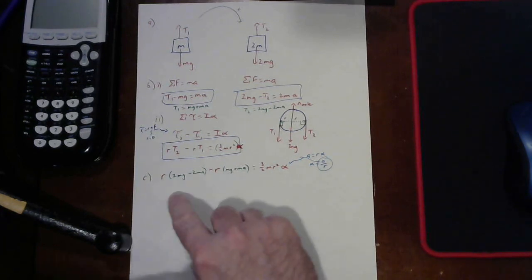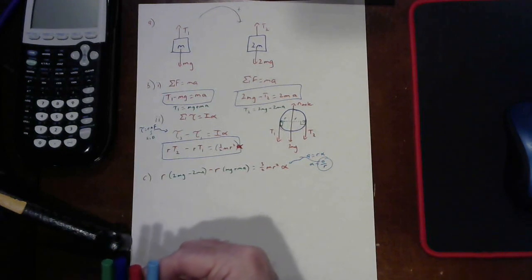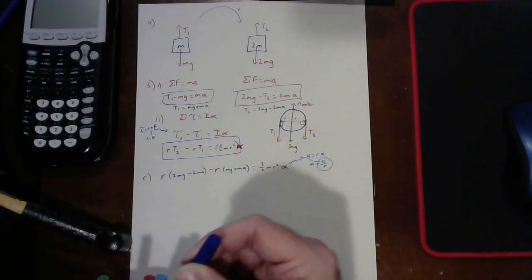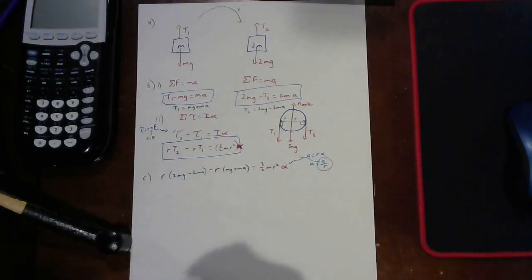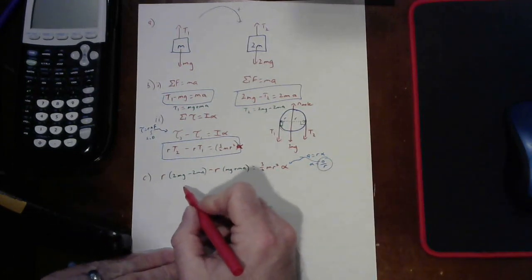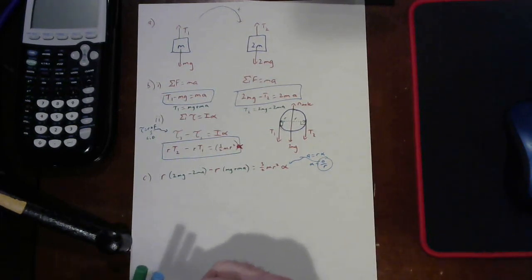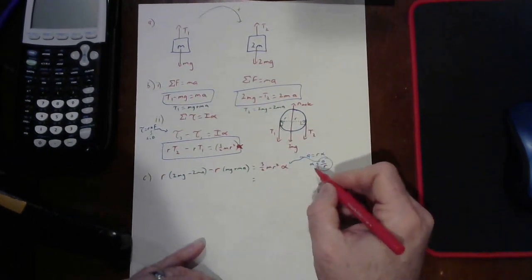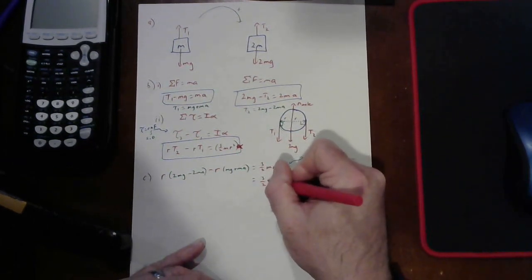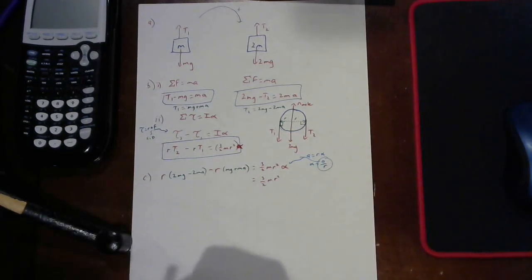Let me go ahead and distribute out things here and kind of tidy this up a little bit. So moving along here. Well, first of all, I'm just going to substitute in that a over r. So I have 3/2 mr squared times a over r.